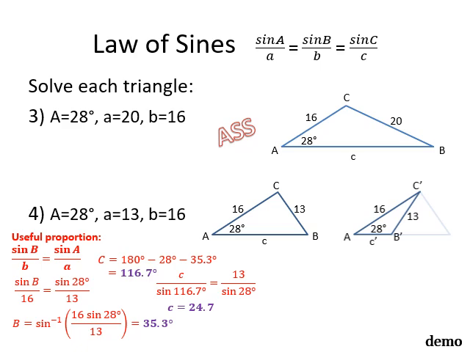And so if we think about that second possible triangle, the angle B prime here, that angle is supplementary to this angle. And also that side 13 is the same as that side 13 out here, if you remember.